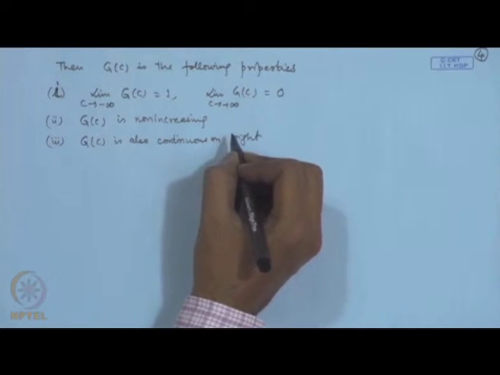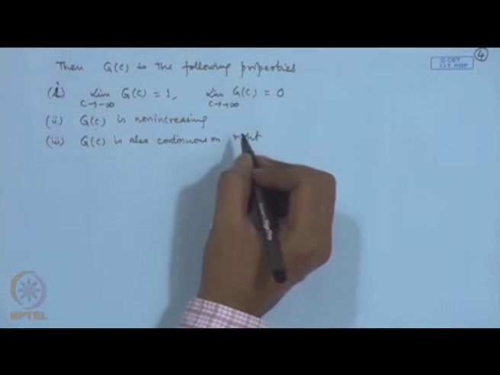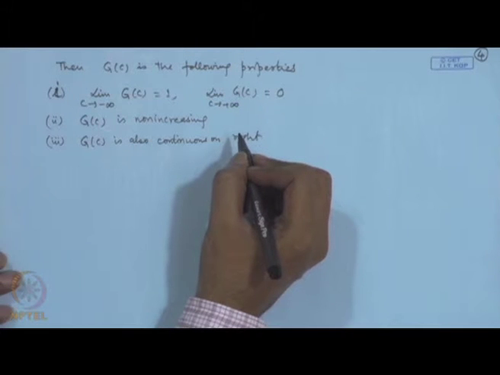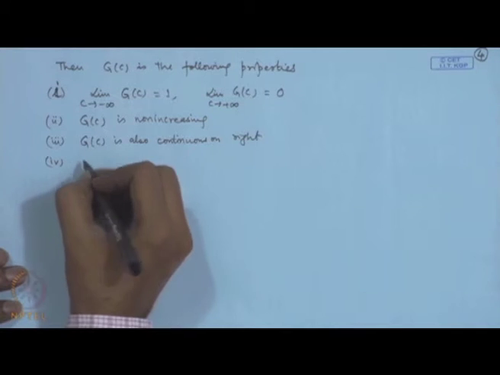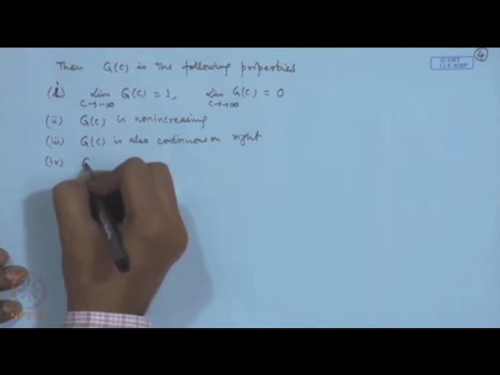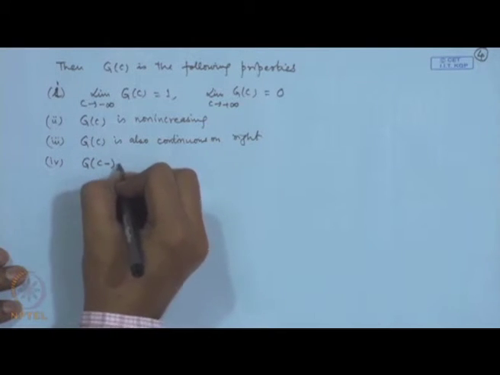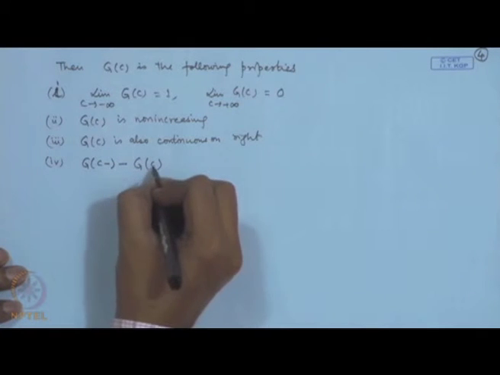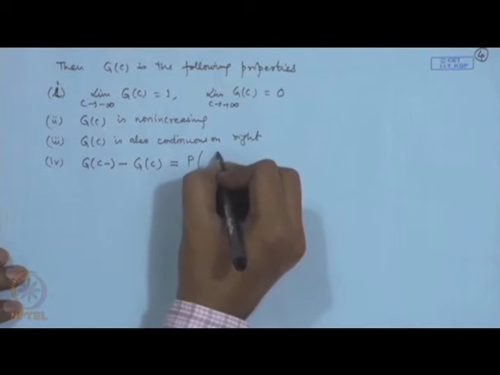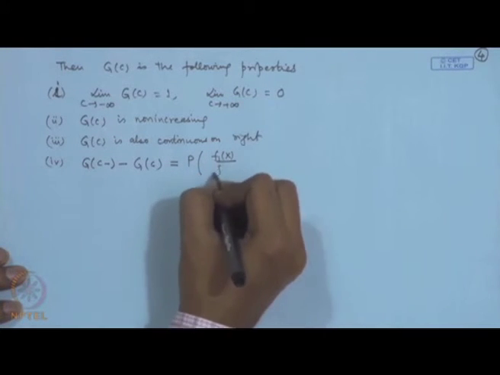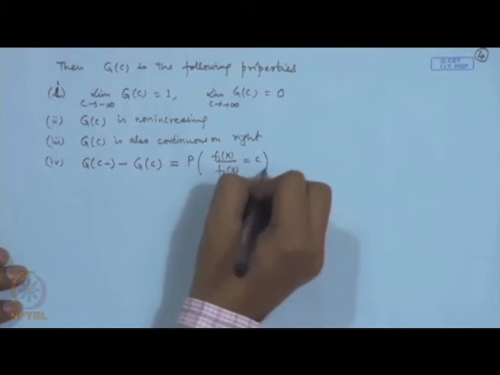These properties follow because 1 minus alpha(c) is a cumulative distribution function. Further, the left-hand limit at G(c) minus the value at c is nothing but the probability of f1 by f naught equal to c.